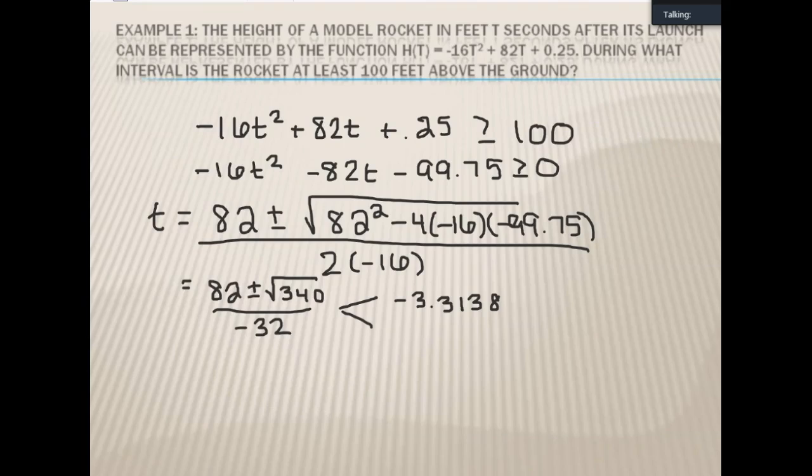Sorry, my 82 should have been negative. Sorry about that. When I wrote it here, I don't think my negative went through. So when I put it in my equation, it should be negative. Making that a positive 1.98 and a positive 3.3.